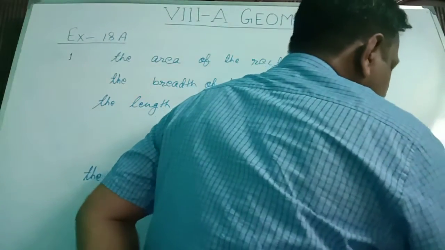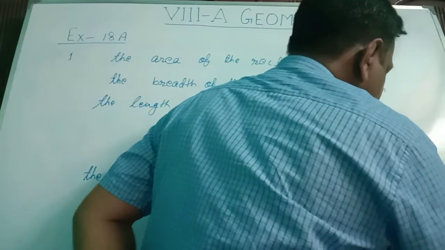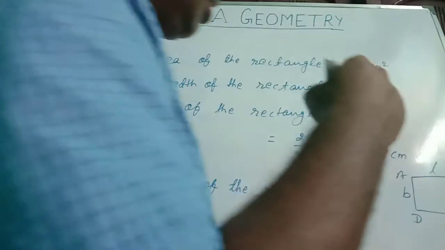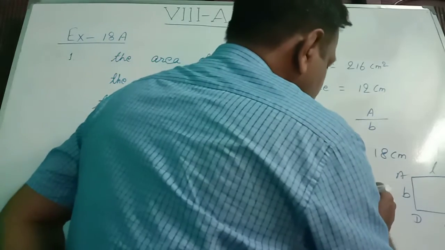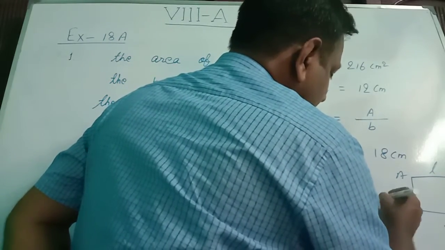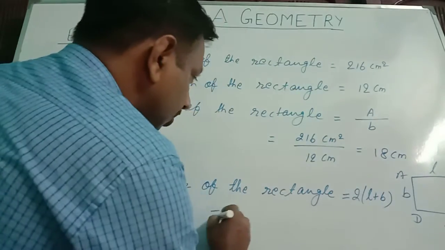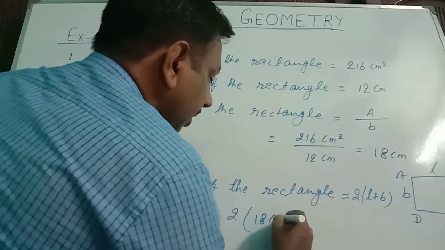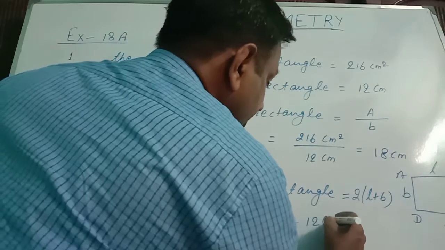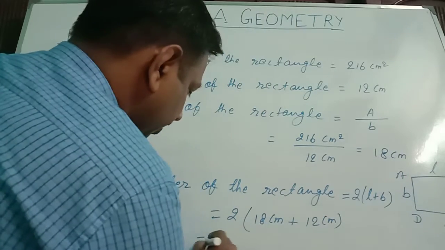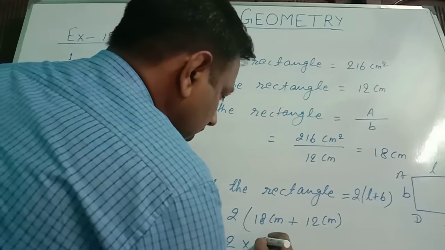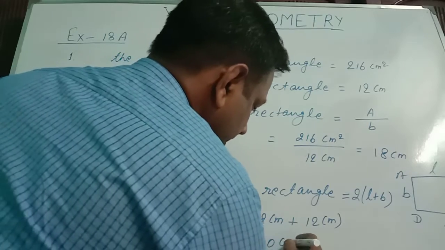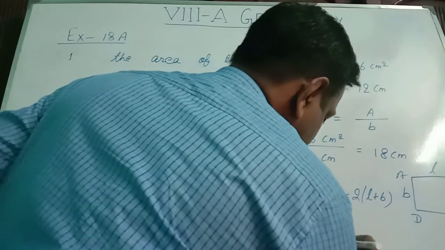This is L, this is L, this is B, this is B. 2L plus 2B. So 2 will be common, L plus B equals 2, length is 18 centimeter plus breadth is 12 centimeter, and if we solve this, 2 into 30 centimeter equals 60 centimeter.